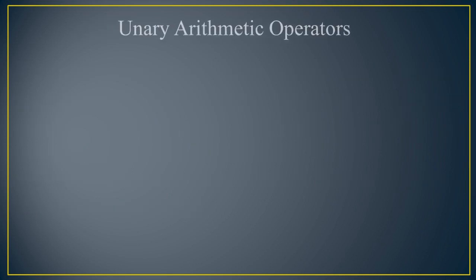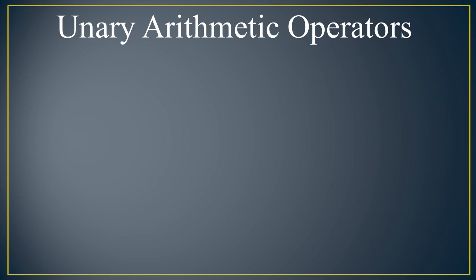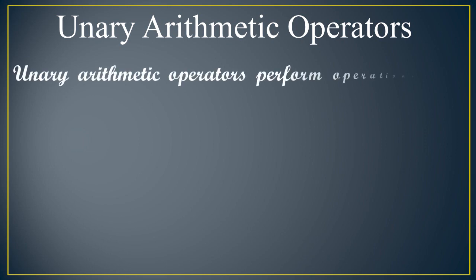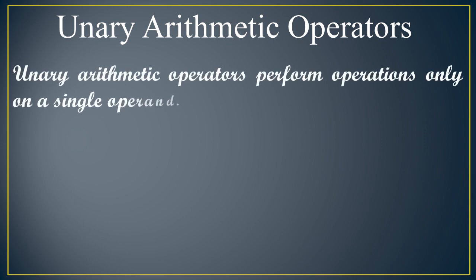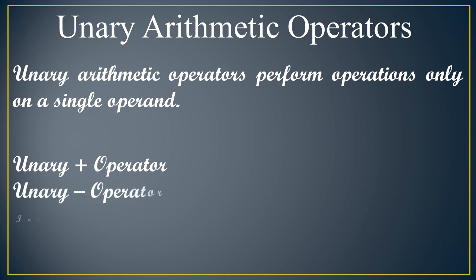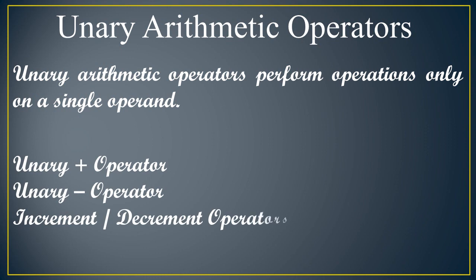So first we will discuss unary arithmetic operators. These operators perform operations only on a single operand, and these operators are classified into three categories: unary plus operator, unary minus operator and increment or decrement operators.